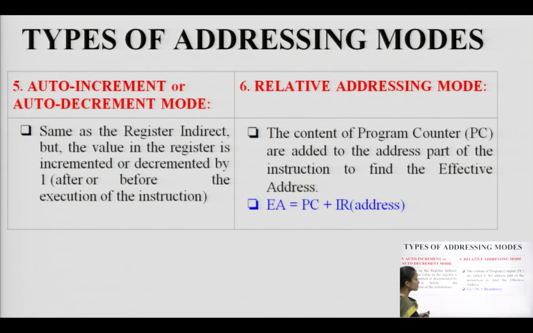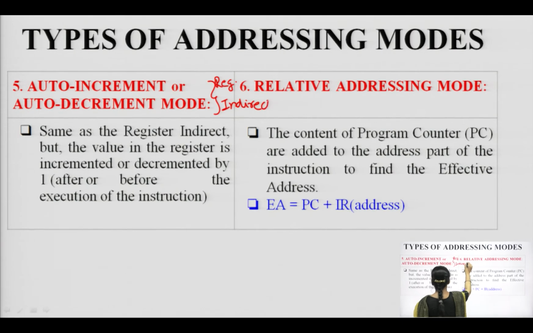Then the next mode is auto increment mode and auto decrement mode. It is the same as register indirect mode. Whatever we have studied in the fourth type of mode, register indirect mode, it is the same, but as the name suggests, in auto increment I will be incrementing the value of the register. Suppose I have taken 400 in my previous example, so it will be 401, but after the instruction.